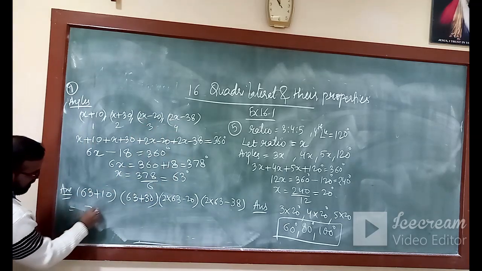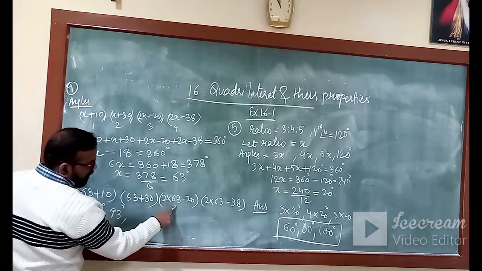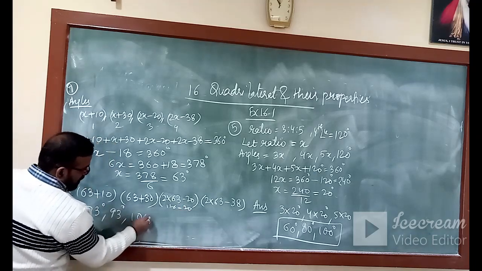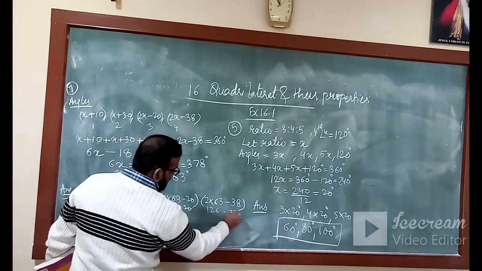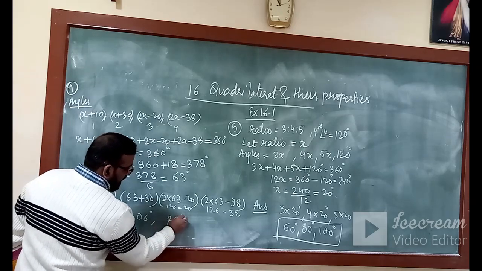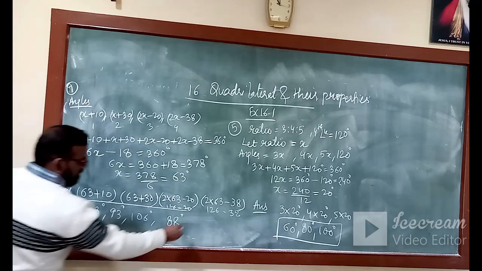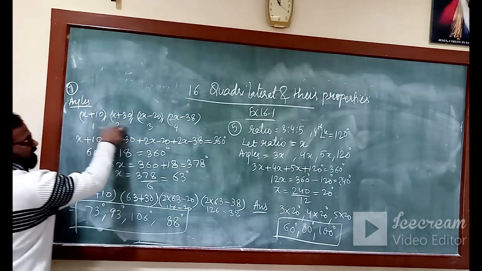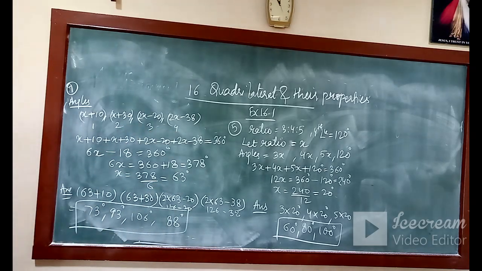So we got 73 degrees, 93 degrees, 126 minus 20, that is 106 degrees, and 126 minus 38, that is 88 degrees. So this is our final answer. Okay, so don't get confused when the angles are given like this. You only have to use the angle sum property.